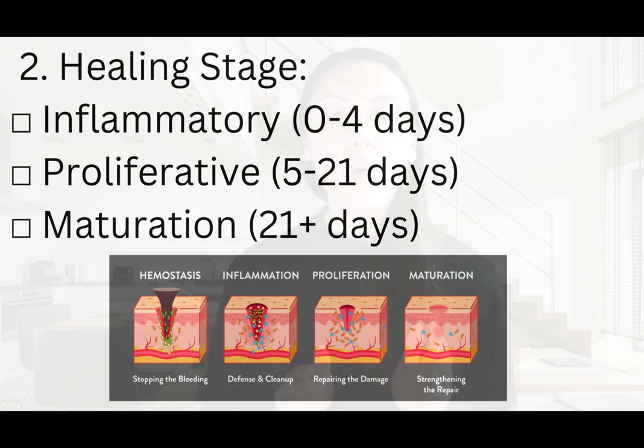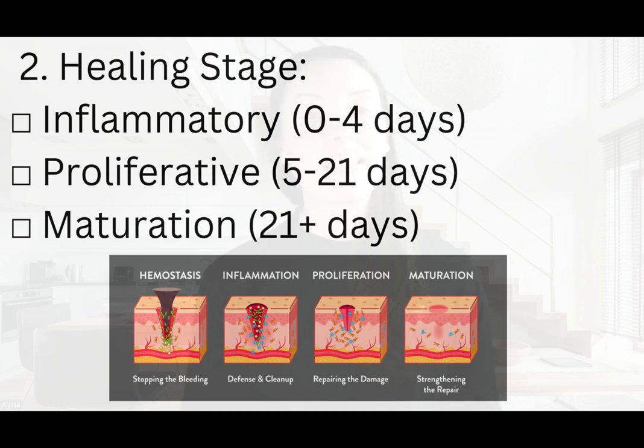Now we look at the wound healing stages here. A wound should go through these stages where we stop the bleeding. That's almost immediate. Our platelets come in, they stop the bleeding, and then we go into the inflammatory phase. So this is where we have defense and cleanup of the wound.